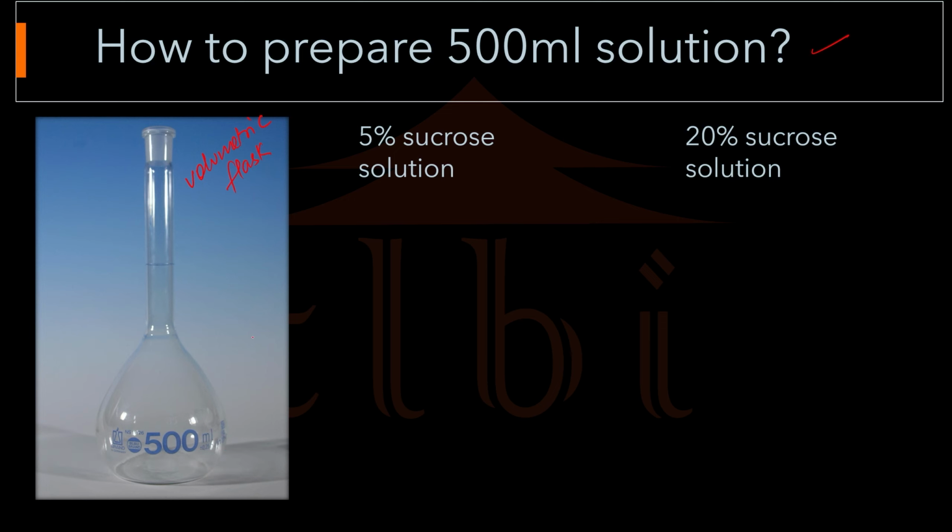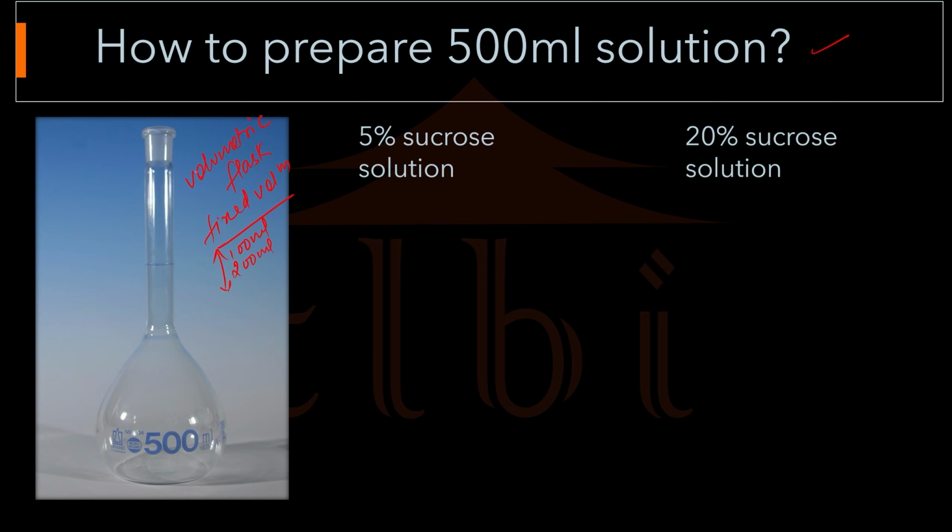So this is a glass apparatus which is used to measure fixed volumes, okay? So let's say for 100 ml you will have a different volumetric flask, for 200 it will be a different volumetric flask, and similarly there will be a whole range of volumetric flasks used in the lab.